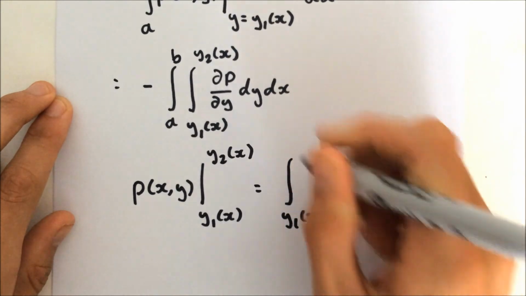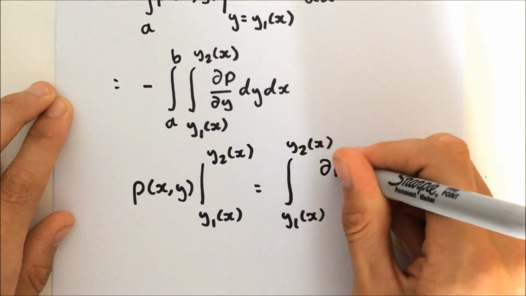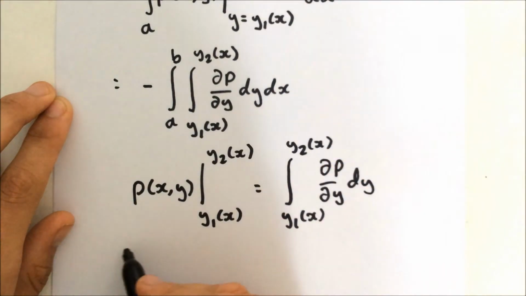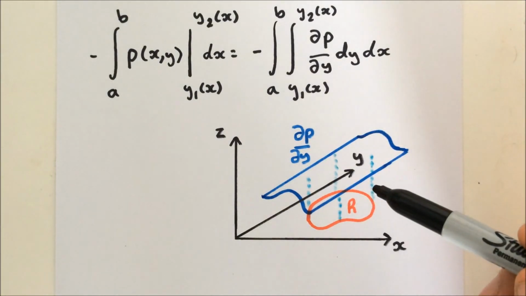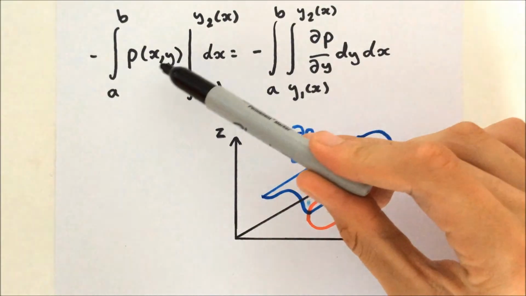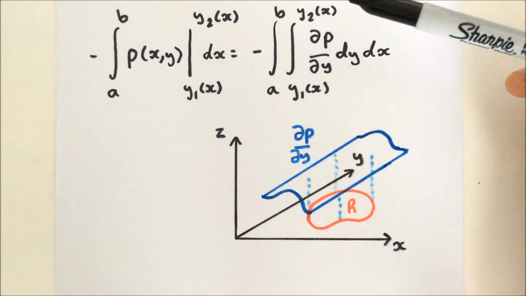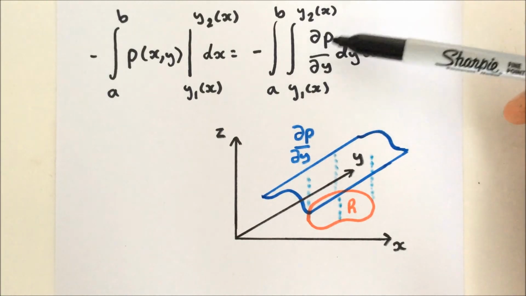Integral from y1 of x to y2 of x of the partial derivative of p with respect to y, dy. Okay? So we've established quite an important principle here. We've shown that p of xy evaluated between y1 and y2 is the same as the integral of this partial derivative. Now, let's look at this graphically.